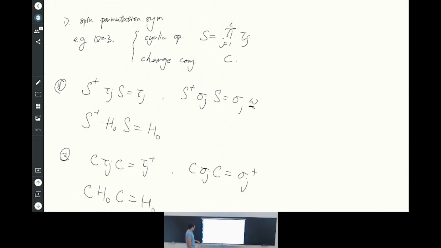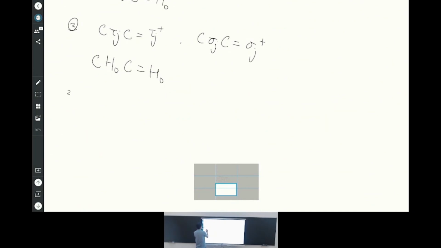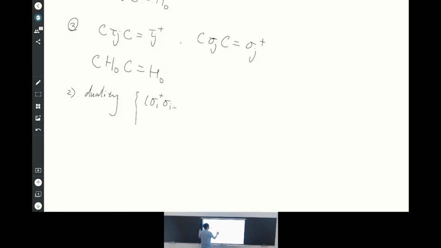Okay? And another property that is important to our discussion is the so-called duality property. Actually, this is called the Kramers-Wannier duality property. That is, you can change the sigma operator to the tau operator, and also you can change the tau operator to the bilinear of the sigma operator.